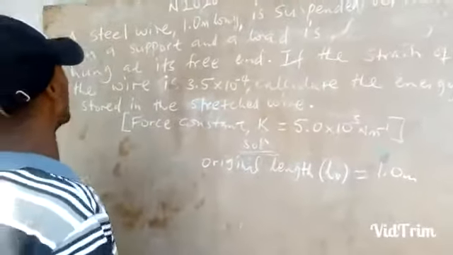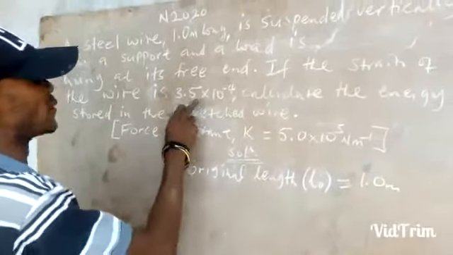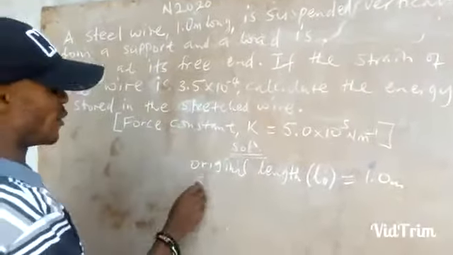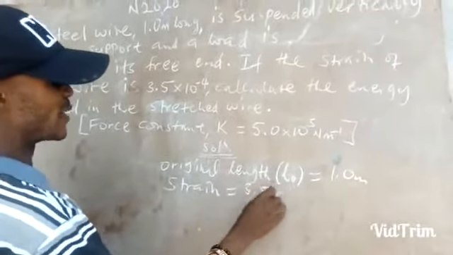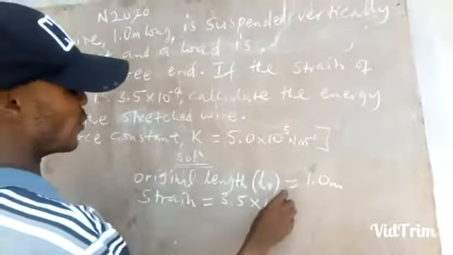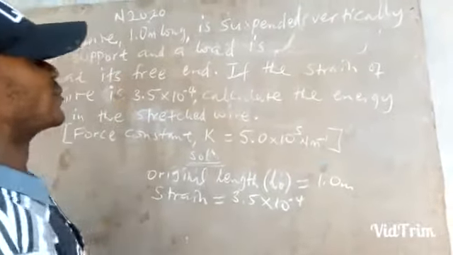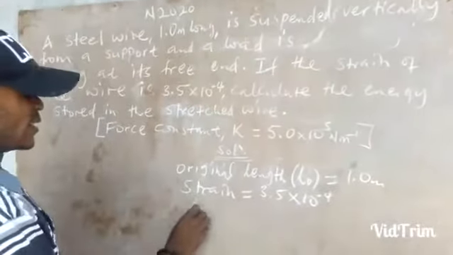If the strain in the wire is 3.5 times 10 to the power minus 4, no units, calculate the energy.